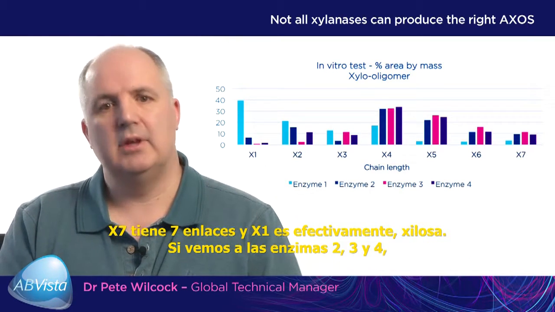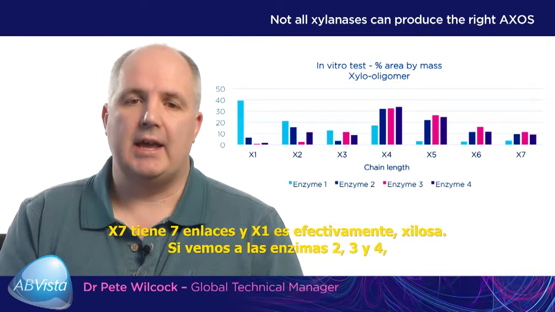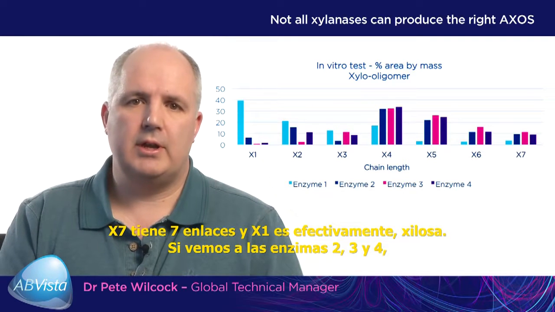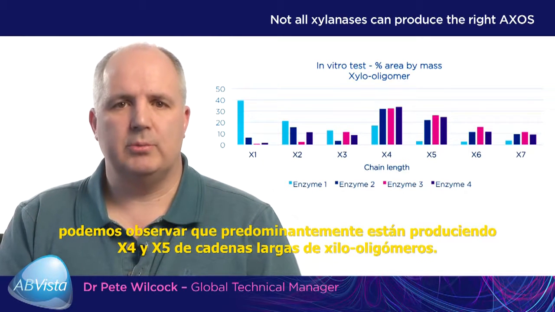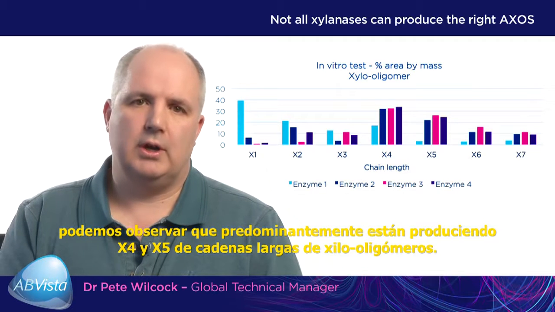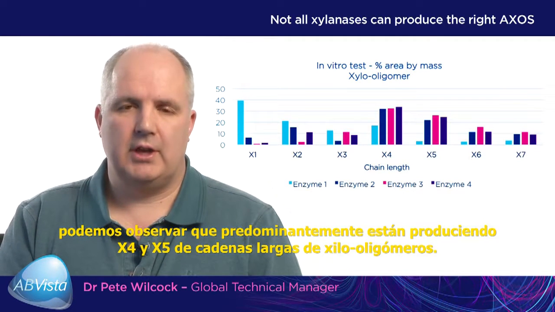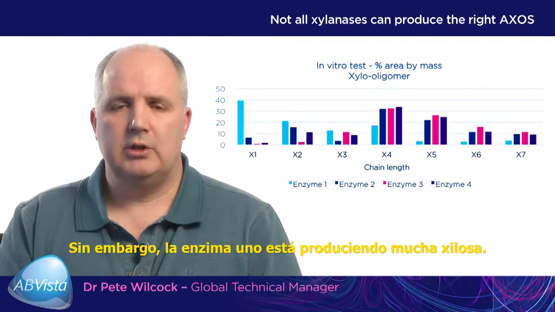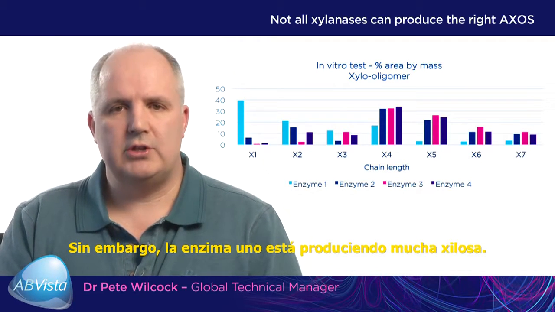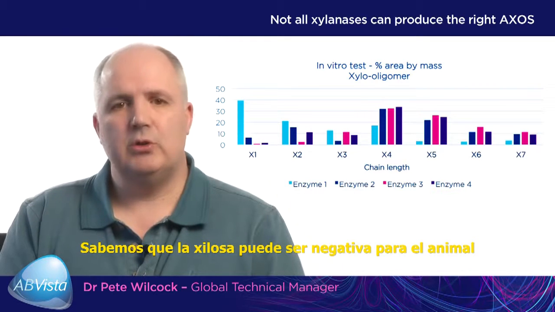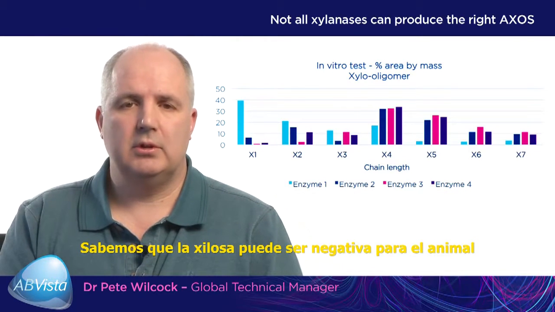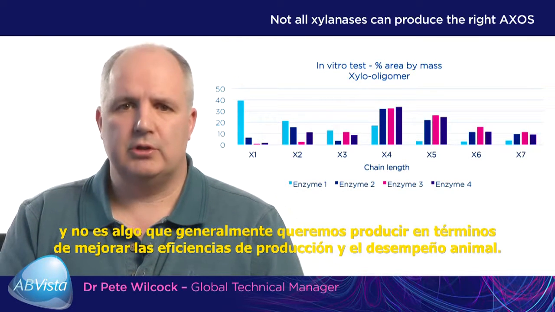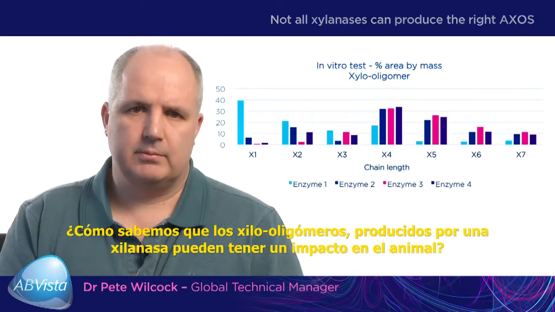So X7 has 7 links, and X1 is effectively xylose. If you look at enzymes 2, 3 and 4, you can see that predominantly they're producing X4 and X5 in terms of length of xylo-oligomer chains. However, if you look at enzyme 1, there is a high concentration of xylose. We do know that xylose can be negative to the animal, and it's not something that we generally want to produce in terms of improving production efficiencies and animal performance.